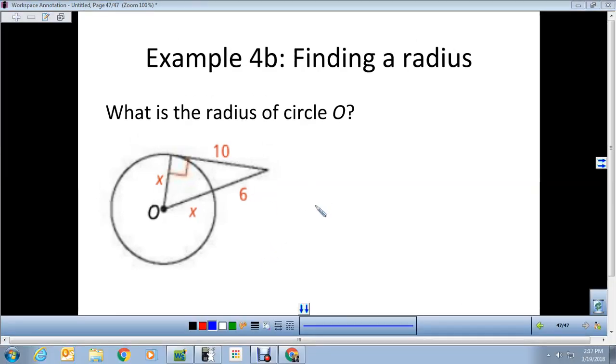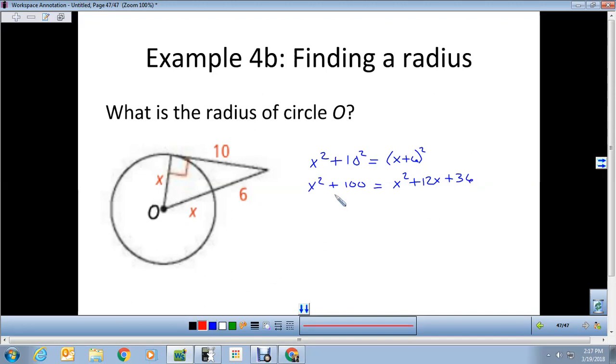So let's see how you did. We know we have x squared, one of our legs, the other leg is 10, equal to the sum, which is going to be x plus 6, all squared. x squared plus 100 is equal to x plus 6 all squared, which is going to end up being x squared plus 12x plus 36.